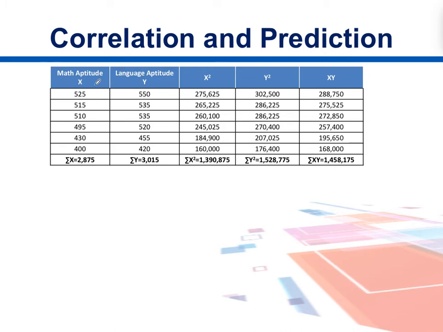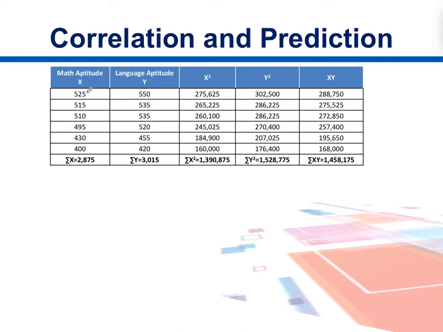Again, in the example which we were following, math aptitude versus language. So here we take y for language and math on the x-axis, and the sums of these numbers are here. Sum of x is 2875, the sum over all these individual numbers. The y's are summed here, sum of y is 3015, then their squares.